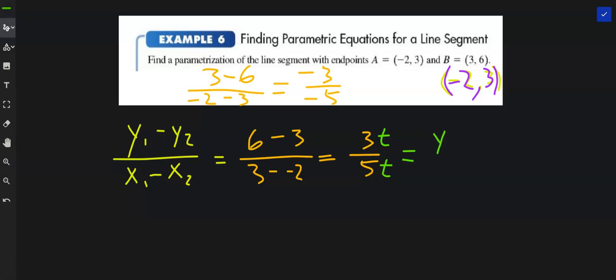What if I take one of my points? Mr. Luzak, pick one of the points, either A or B. Which one would you like? I like that one too because it's all positive numbers.